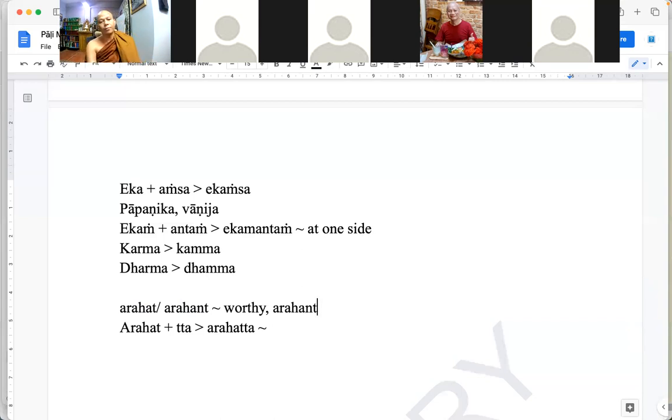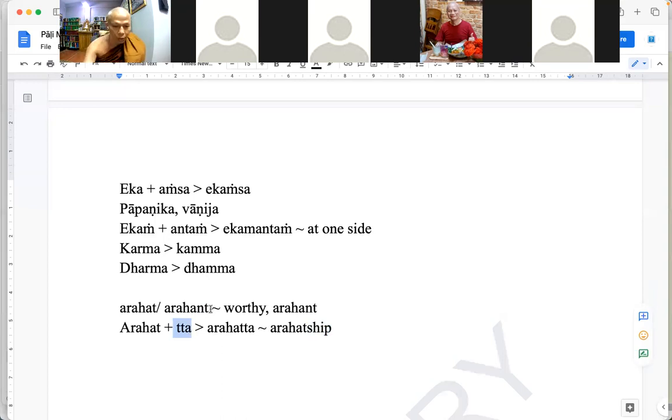Arahant, we also use in English. So from that one, the state of being an arahant is arahatship. So in this way, this -ship is the sense of this -ta suffix. At that time it becomes the noun form.